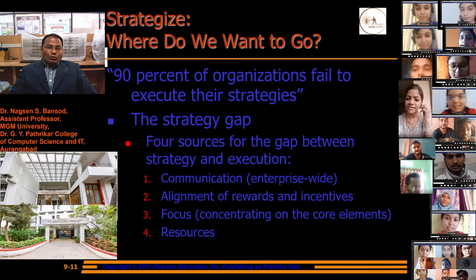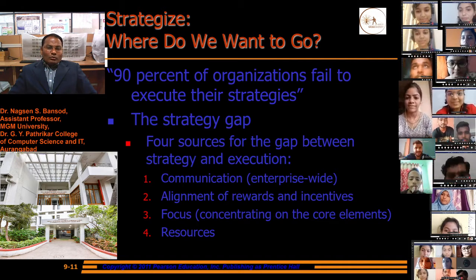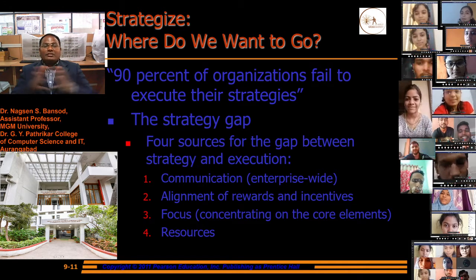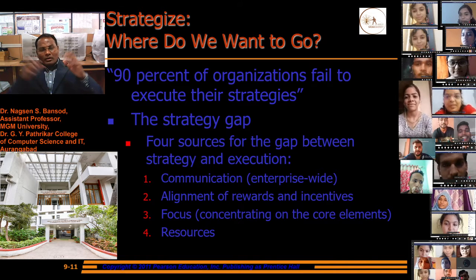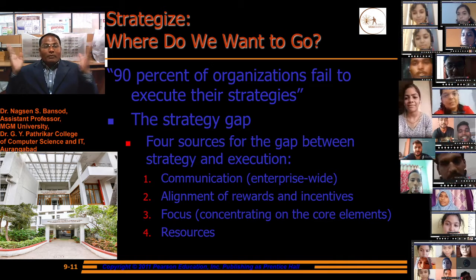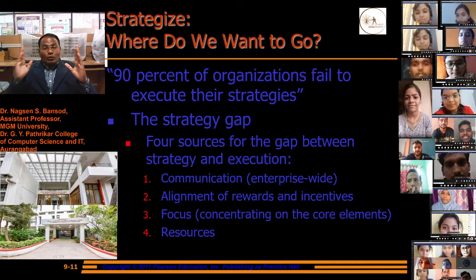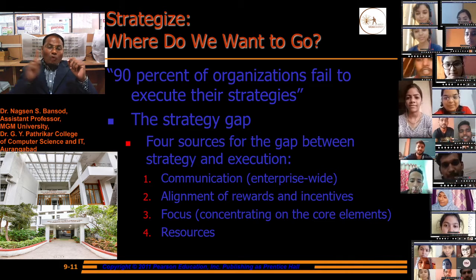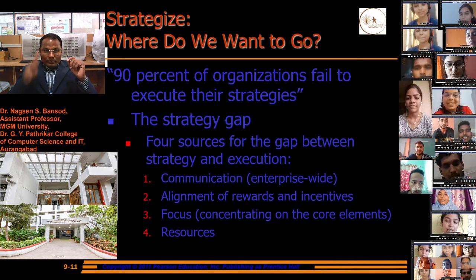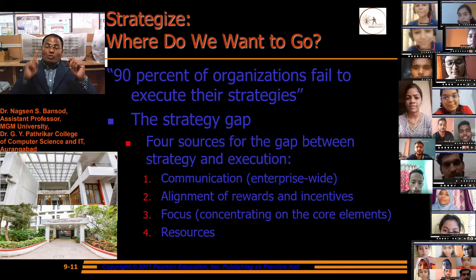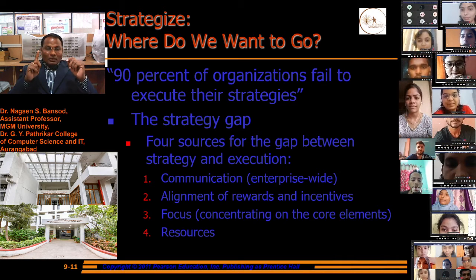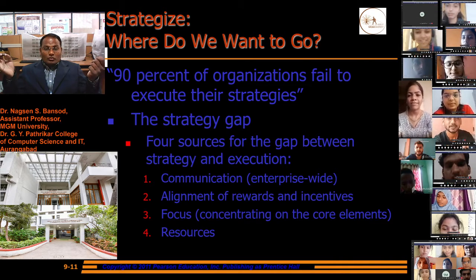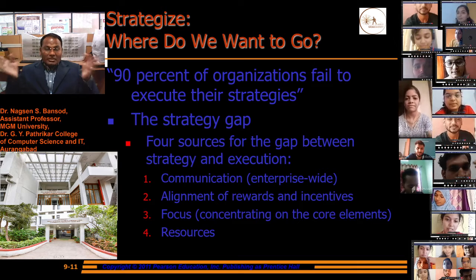Strategies: where do we want to go? 90% of organizations fail to execute their strategies. We make many very good strategies, but we are not able to make them succeed. We are not able to execute all the strategies in the business, so 90% of organizations fail. The strategy gap: there are four sources for the gap between strategy and execution.